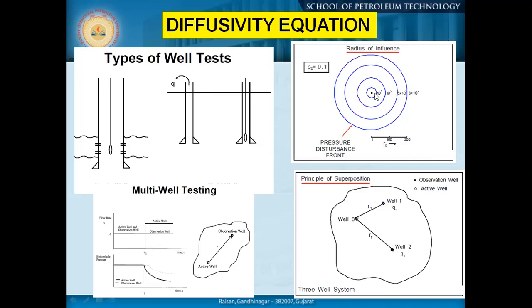We may test in a single well, or use multiple wells to understand the communications or in-between reservoir characteristics, so that we can plan our modeling, the dynamic as well as static geological modeling of the reservoir. This is the main important part involved with well testing.